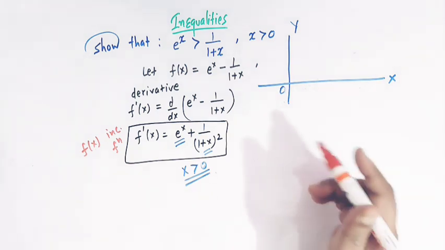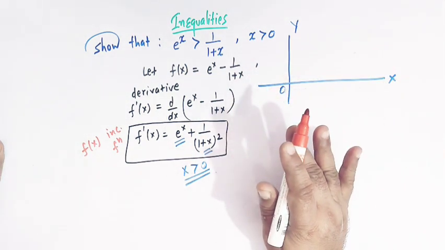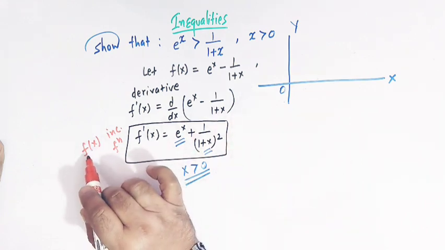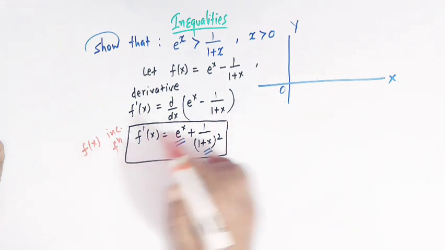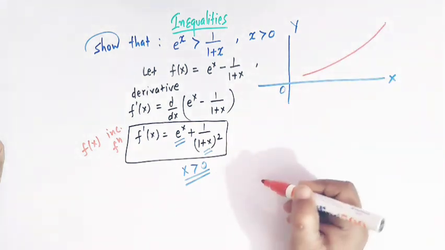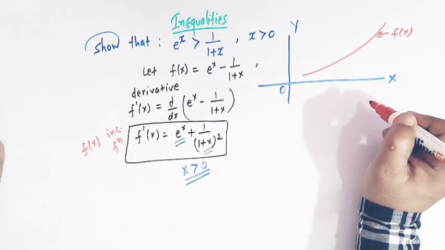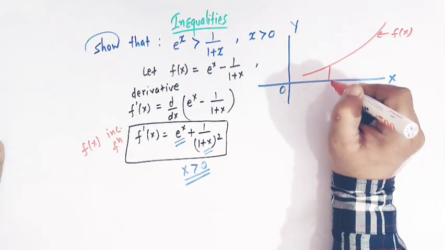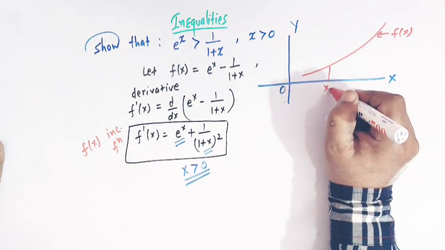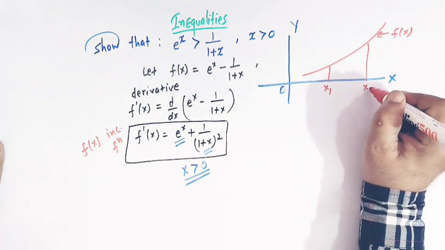So now let us quickly revisit the graph of an increasing function, because here we have shown that f of x is an increasing function. So let us take the graph of an increasing function like this. This is f of x. Now let us take 2 points here. This point is x1, and let us take this point as x2.